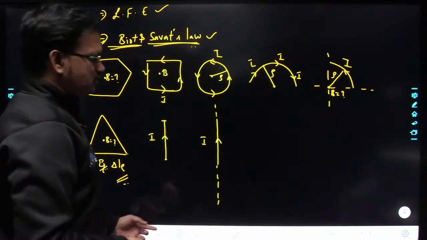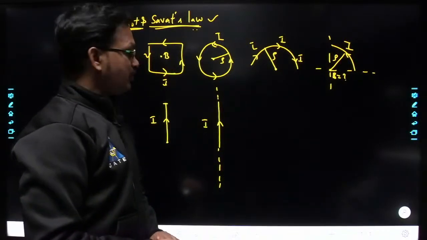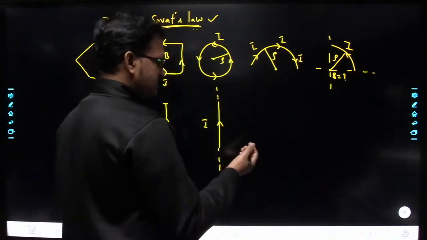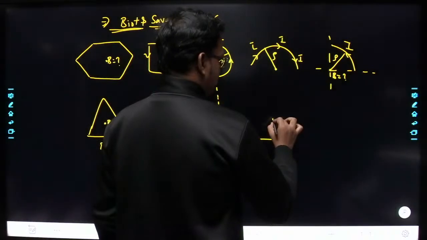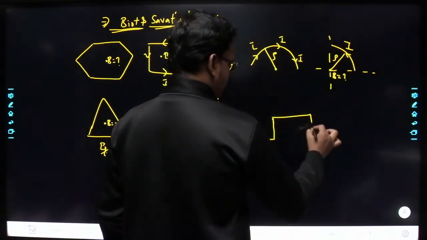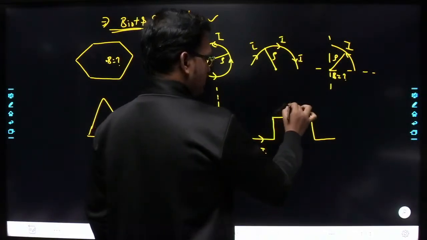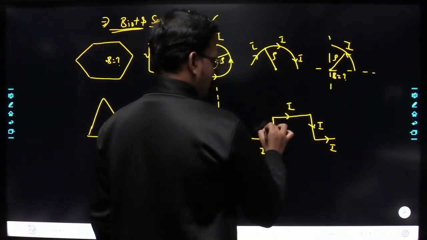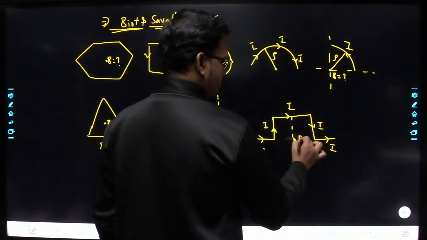Today we'll try to solve one more problem here. In yesterday's class we saw one problem where I bent the wire in this manner, and the current flowing through this wire is I. For this problem we determined the B field at some point P1.